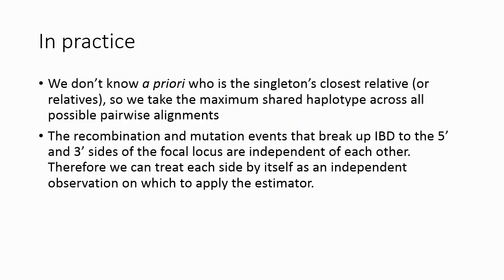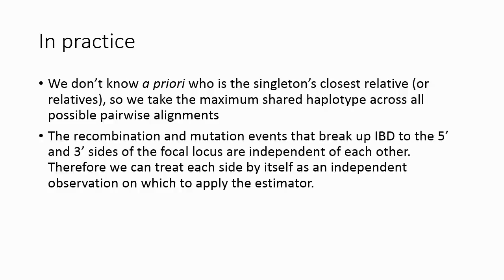All right, so couple things. In practice, we don't actually know who the closest relative in a population is, so we're going to align our focal individual carrying the mutation with everybody and take the longest haplotype tract that we get out of the population. Also, all of the events that happen on this side of the chromosome are independent of all the mutation or recombination events that happen on this side of the chromosome.